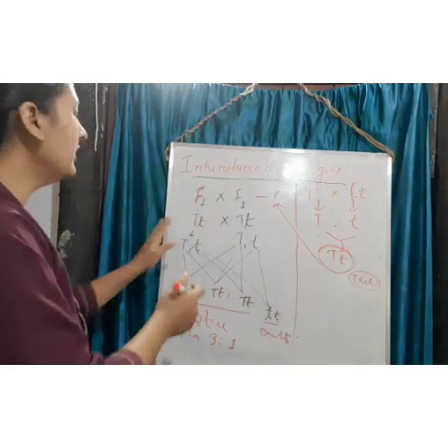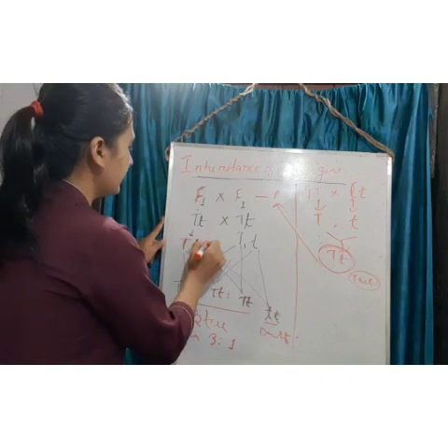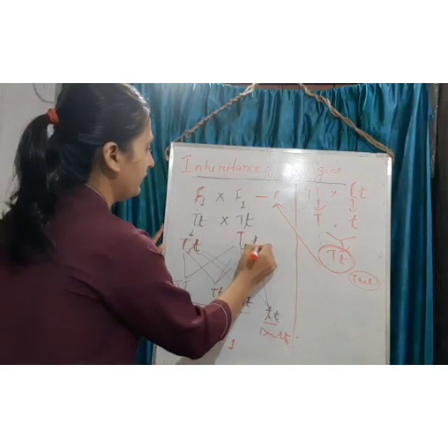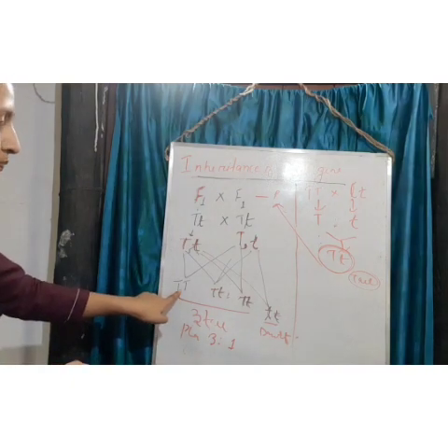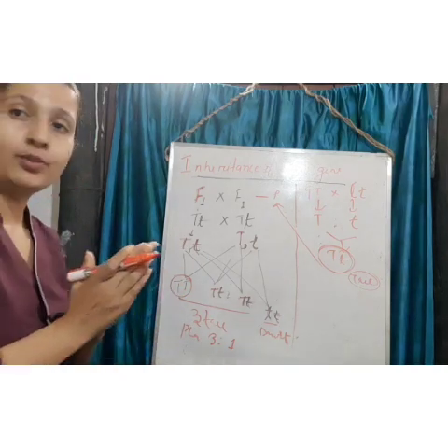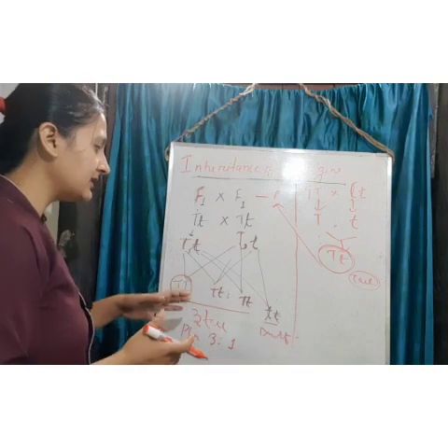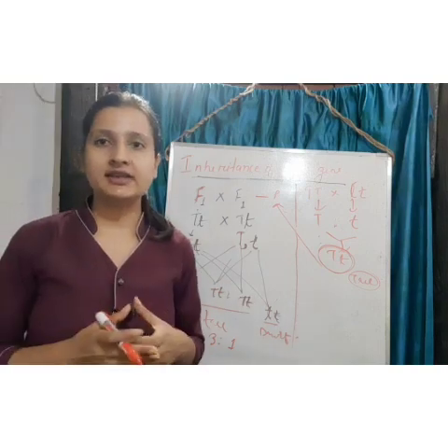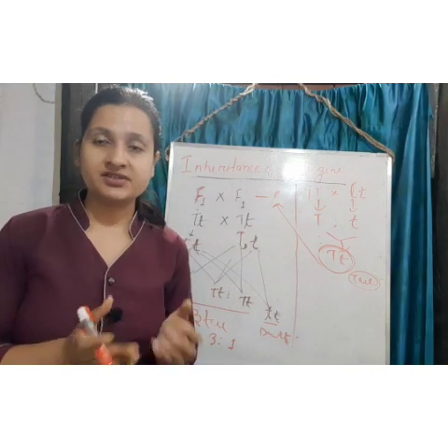From here, you can see that the gametes get separated and form like this, and as a result, one is pure, this is your homozygous. Remember the terms homozygous and heterozygous. Homozygous is the pure breed, and heterozygous contains different alleles.